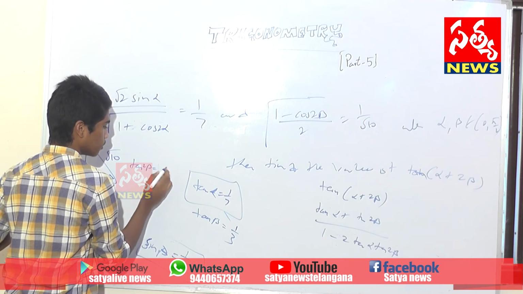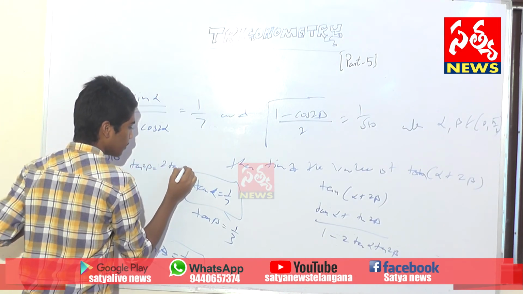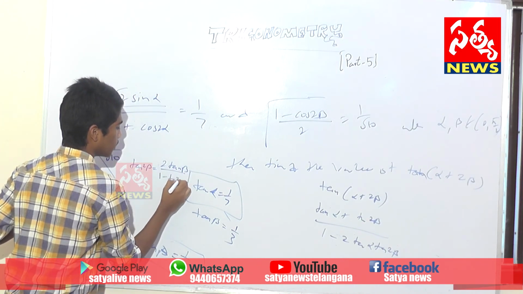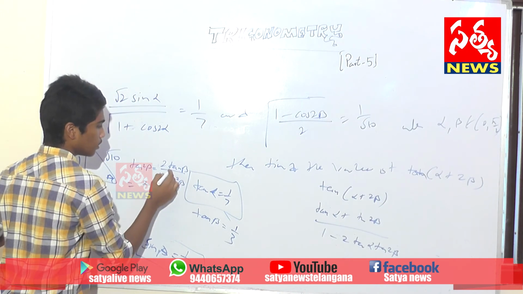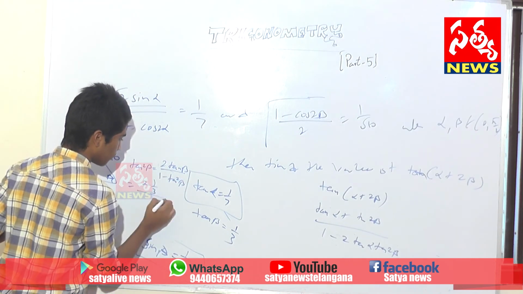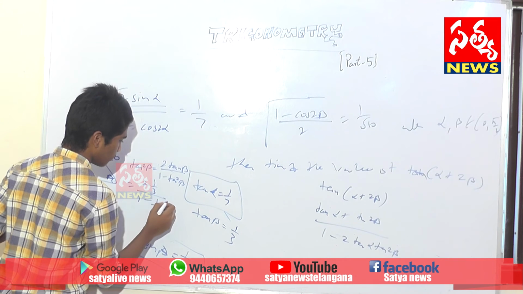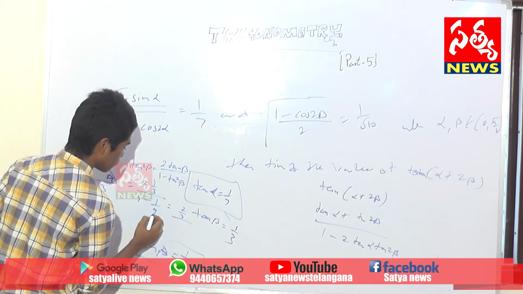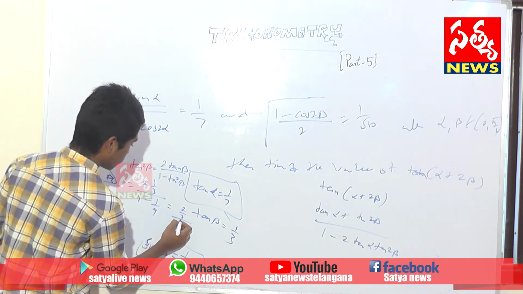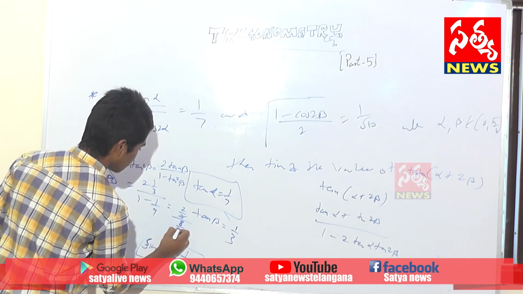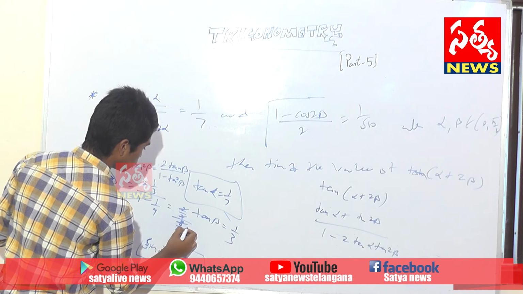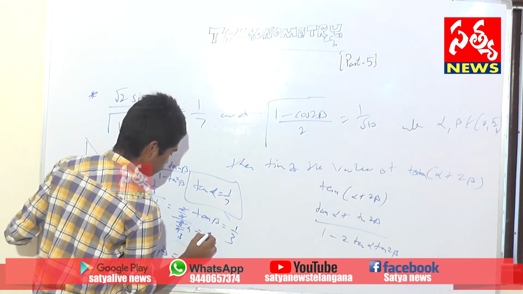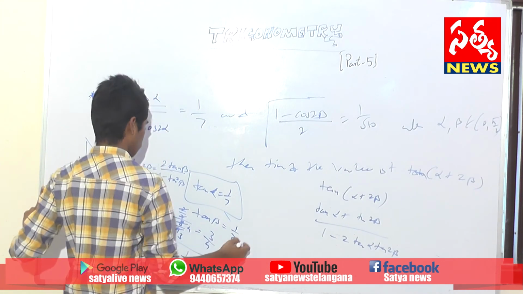Tan 2 beta is equal to 2 tan beta by 1 minus tan square beta. Tan beta is 1 by 3, so 2 by 3 by 1 minus 1 by 9, which is 2 by 3 by 8 by 9. 3 ones are 3, 3 threes are 9, 2 fours are 8, so 3 by 4.